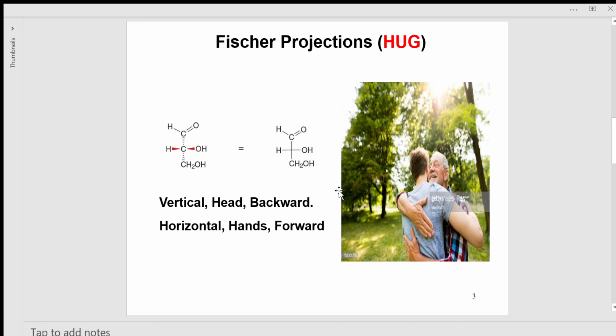If you are in the horizontal position, basically that's your arms. When you hug your friend, your arms are always forward. So this is the wedge position. This is the dash position. Again, I hope this simple word helps you to remember how the biochemists draw the structure of carbohydrate molecules.